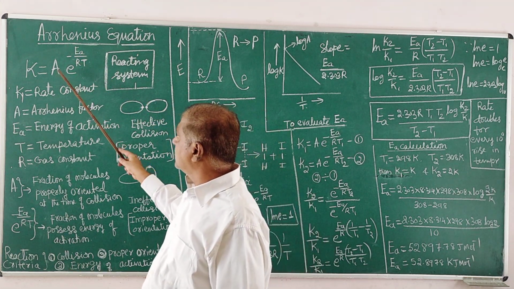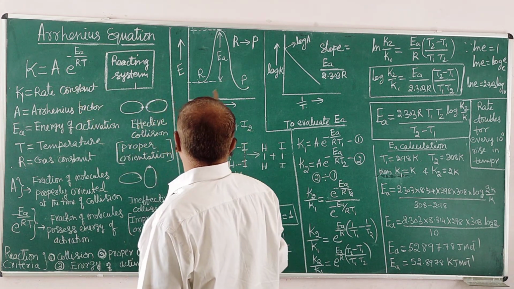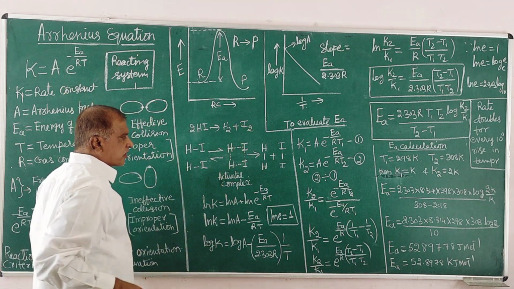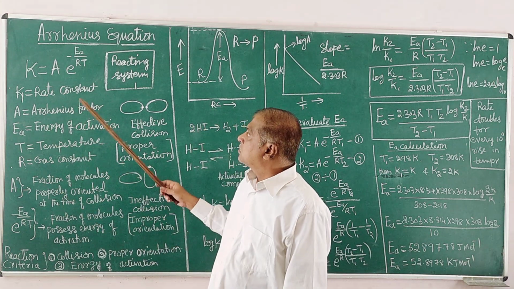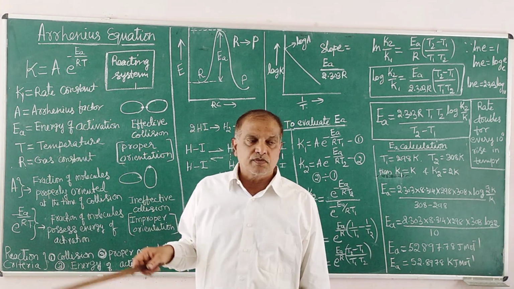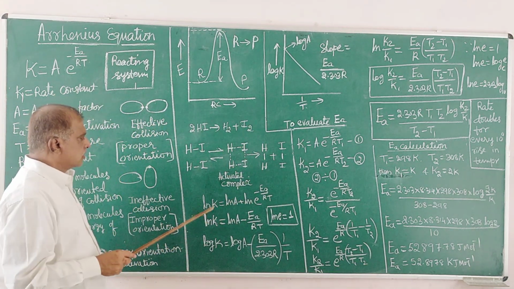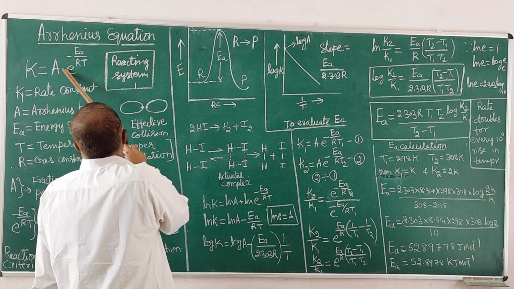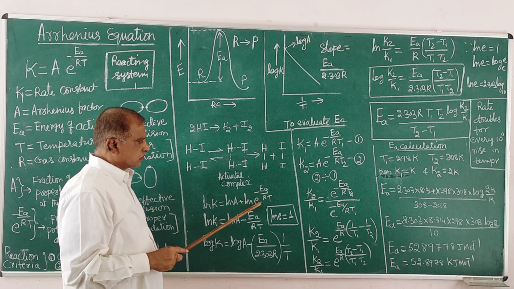Let us write this expression. We can write it in mathematical form and graphical form. Since there is an exponential term, we can eliminate it by taking logarithm on both sides. Taking log on both sides, the same equation equals log of this plus log of this.